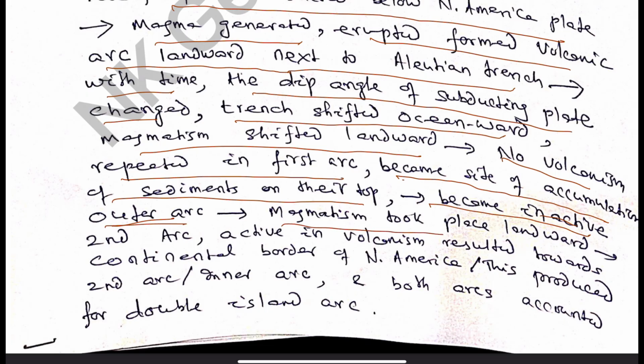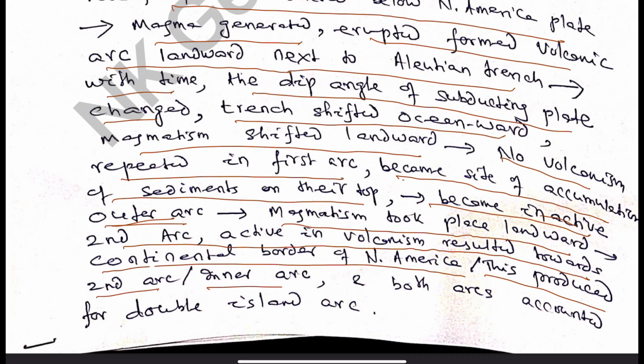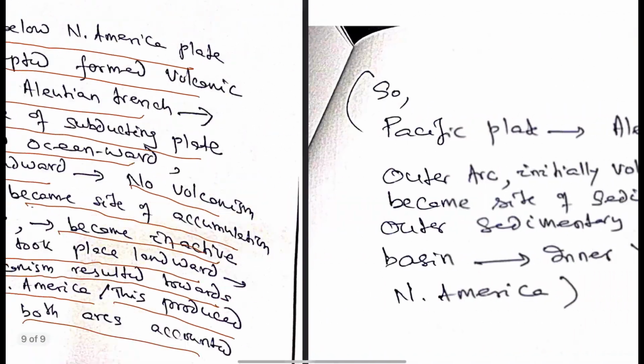Then magmatism shifted towards the land. The second arc, or active volcanism, took place towards the land side and a new arc was produced at the continental border of North America. This produced the second arc, or the inner arc, and both the arcs accounted for the formation of the double island arcs.